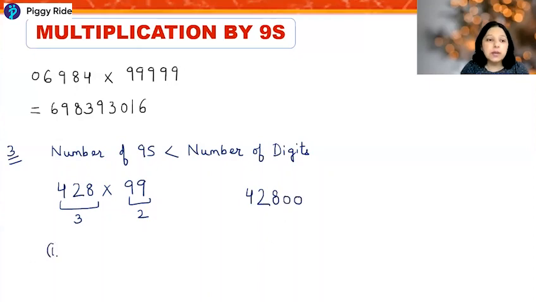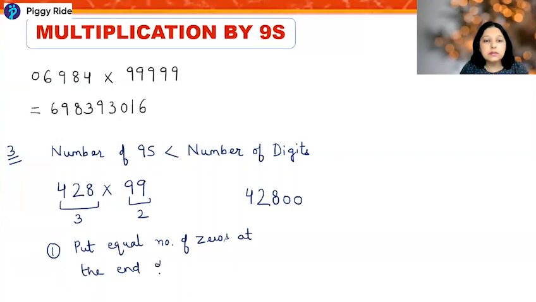So step number 1 is: put an equal number of zeros at the end of the given number. Equal number of zeros means according to the number of nines.